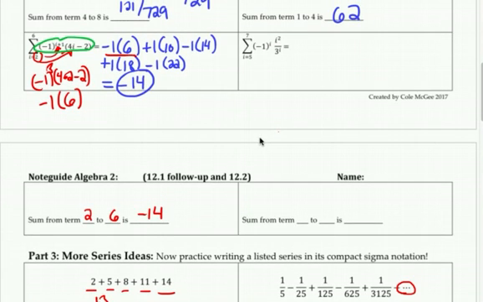So let's see what we get on this guy. So let me switch to blue. So this guy, we're just going to add up, I think, 3 terms, 5, 6, and 7.